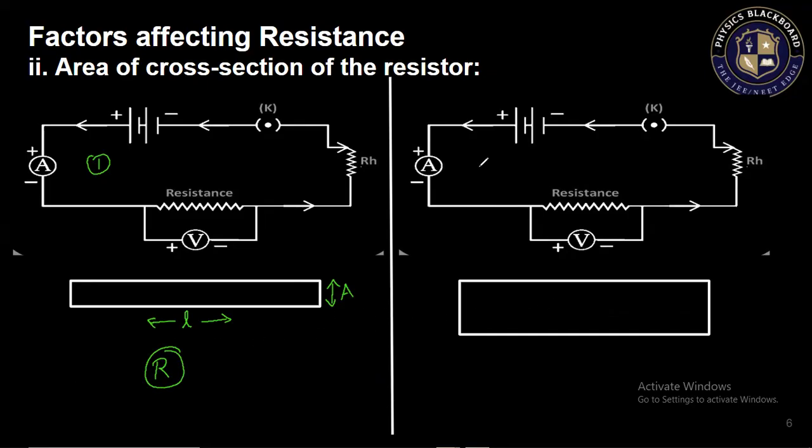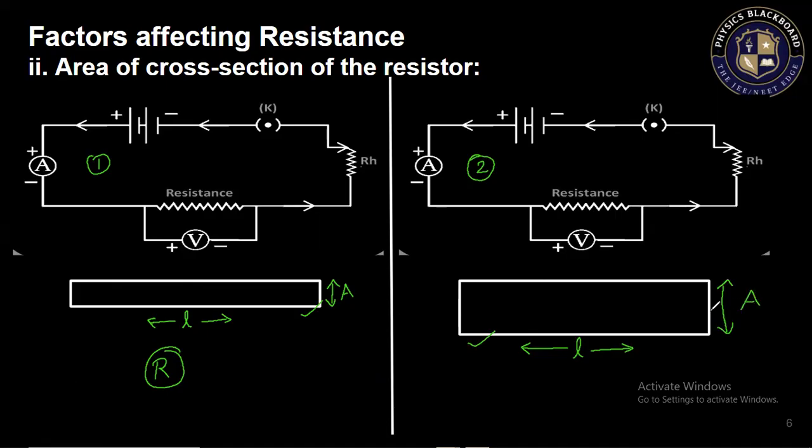And next, coming to the second case. The resistor we have taken has the same length, that is, the lengths of the first resistor and second resistor are the same. But what difference do you see here? Area of cross section, right?